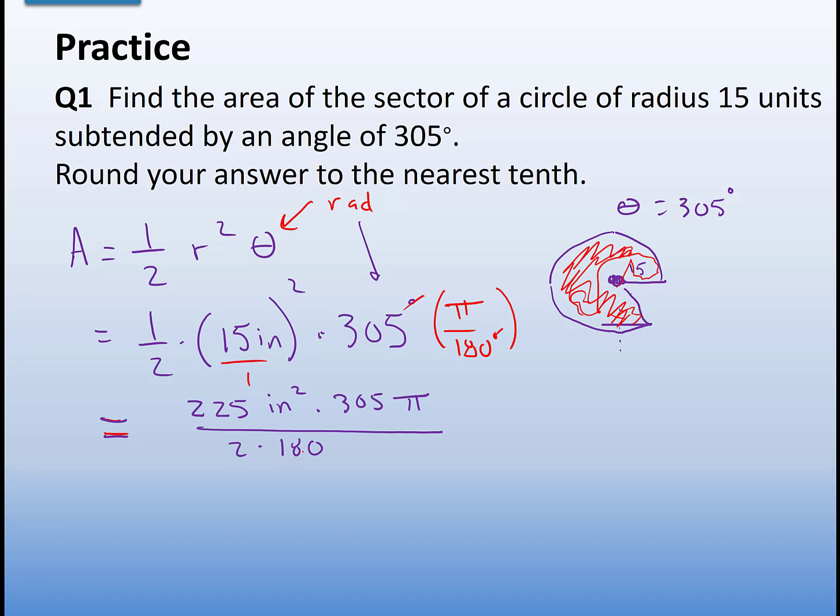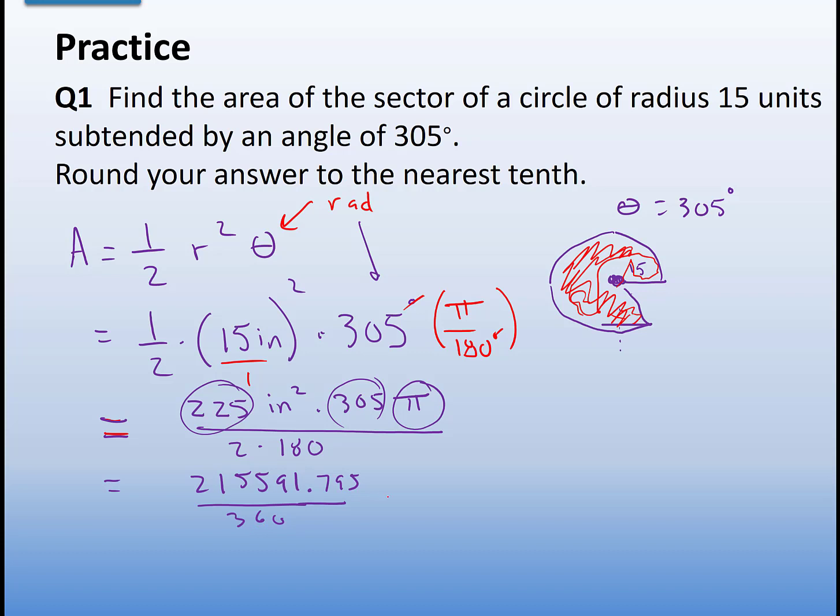So this is just a lot of calculator math. So we're just going to times 225 times 305 times pi, multiply all that, and then divide it by 360. And so in the end, after all that multiplication, I get this 215,000 number divided by 360.